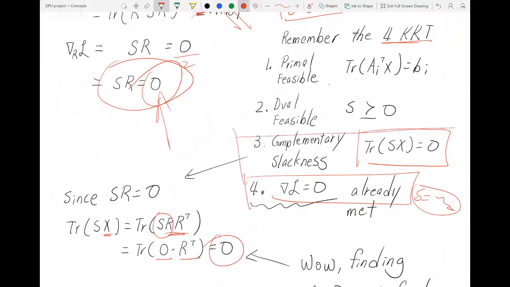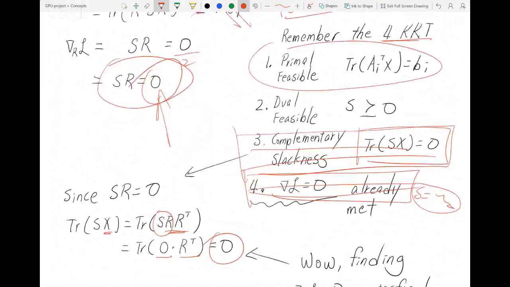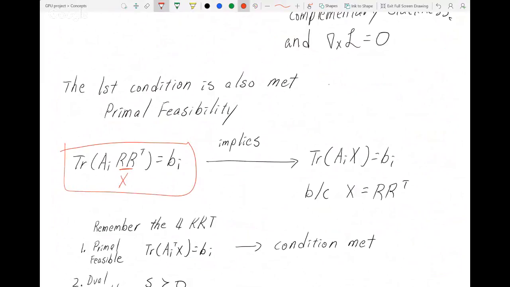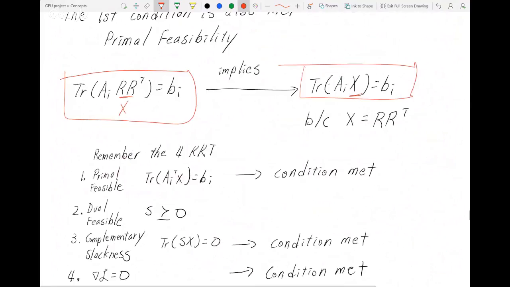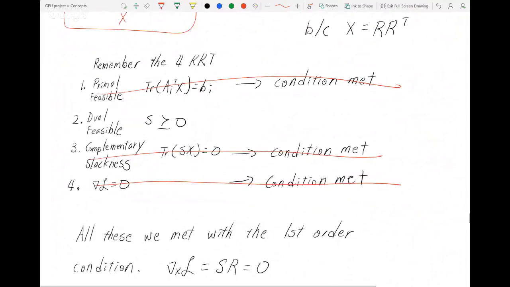So the complementary slackness is also satisfied. Of course, the primal feasibility is obviously satisfied because X equals this. If this is satisfied, this must also be satisfied. So we now have 3 conditions satisfied, right? This one satisfied, this one satisfied, this one satisfied. So all we have left is the dual feasibility.